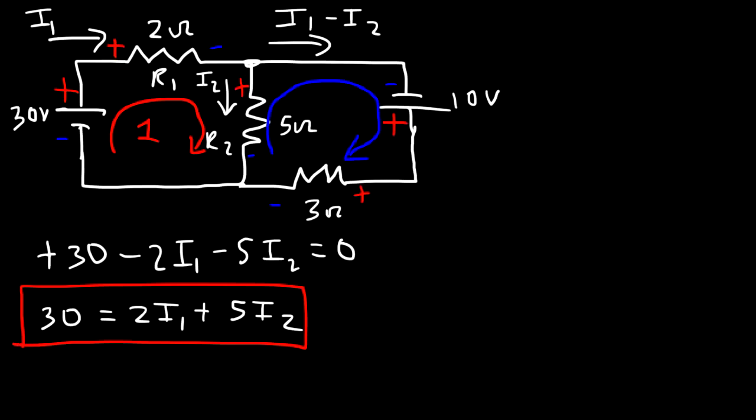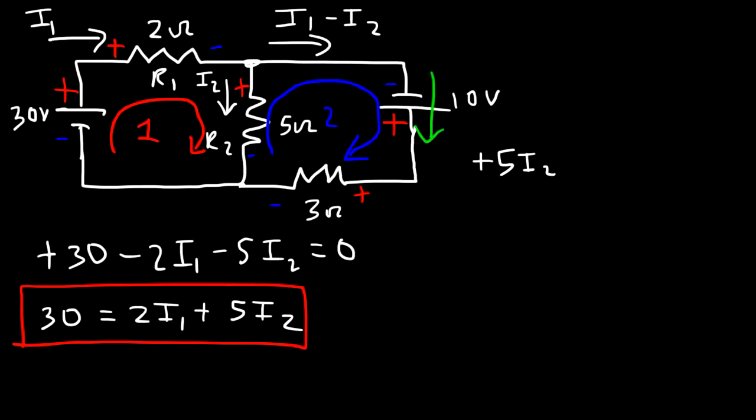Now let's focus on loop 2. So here we're going against I2 towards a higher potential. So that's going to be a voltage lift of 5 times I2. So we can write that as positive 5I2. Next, as we follow the loop, we need to go through this battery towards the higher potential.